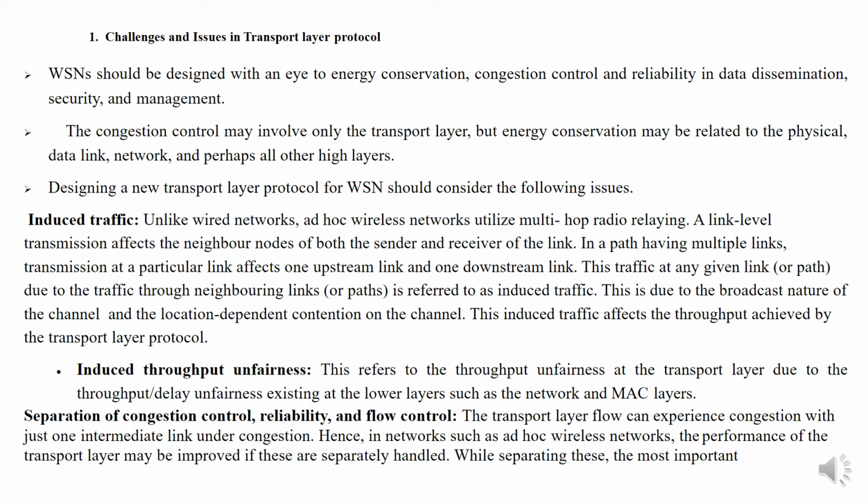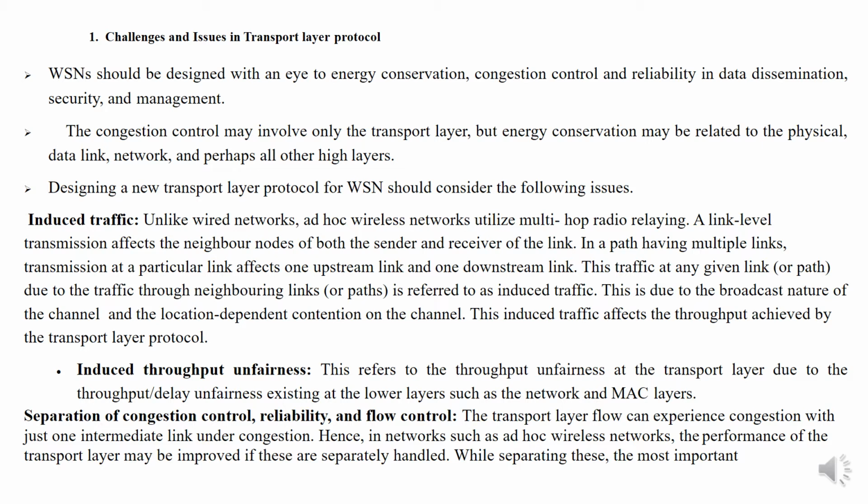Designing a new transport layer protocol for wireless sensor networks should consider the following issues. Induced traffic. Unlike wired networks, ad hoc wireless networks utilize multi-hop radio relaying. A link level transmission affects the neighbor nodes of both the sender and receiver of the link. In a path having multiple links, transmission at a particular link affects one upstream link and one downstream link.